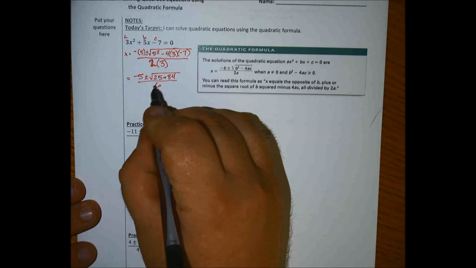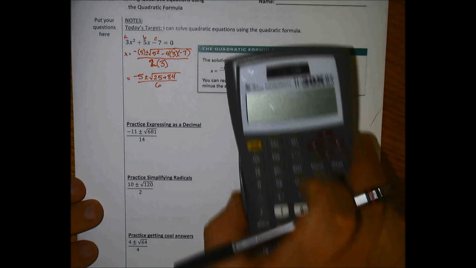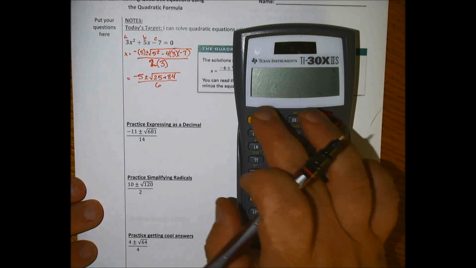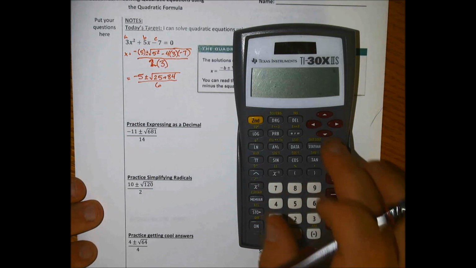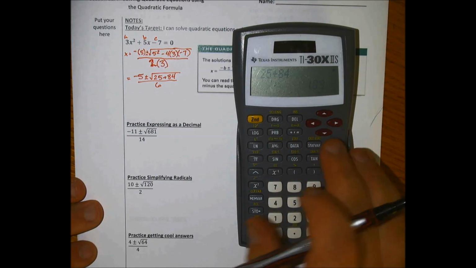All right. So let's look at what we have here. I'm going to use a calculator to figure out that square root. 25 plus 84 is what? It's 109.